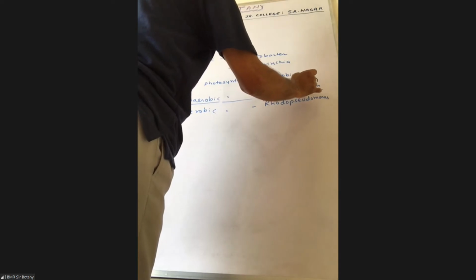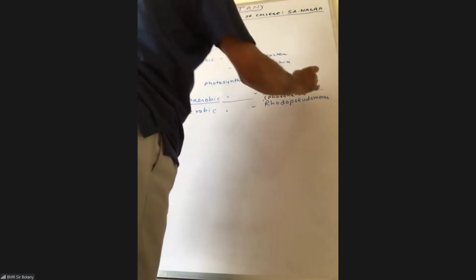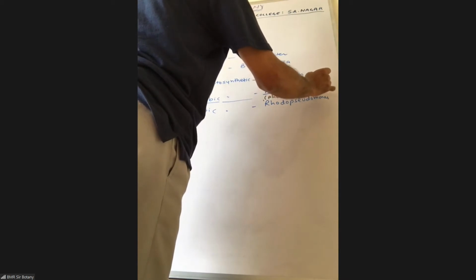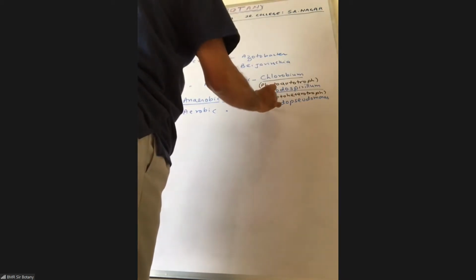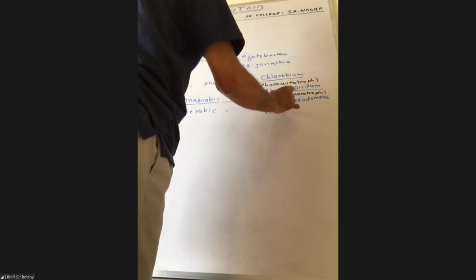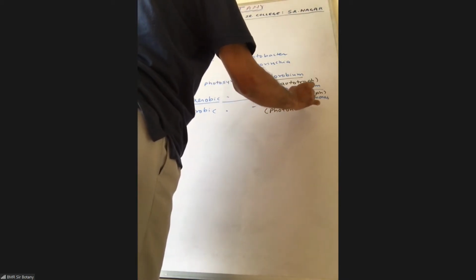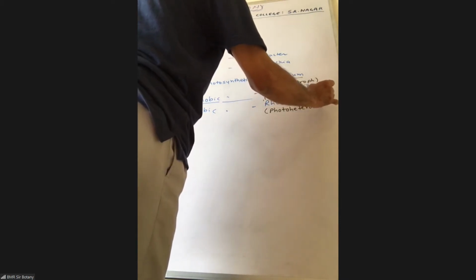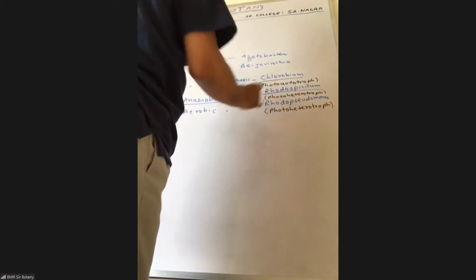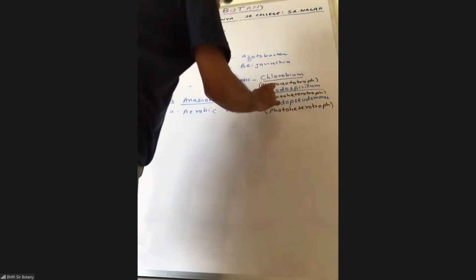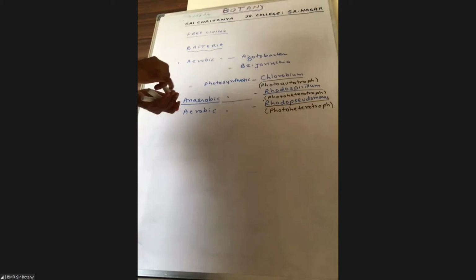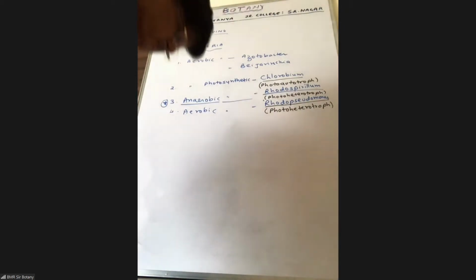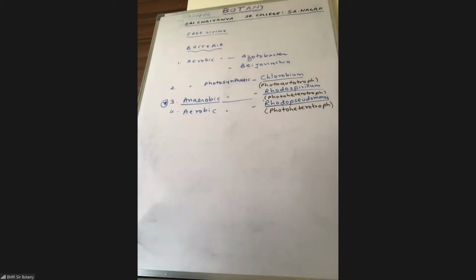It will be useful from that chapter's point of view also. Rhodospirillum and Rhodopseudomonas are photoheterotrophs. Could you make out the difference from what you learned last year? What is the difference between photoautotroph and photoheterotroph?